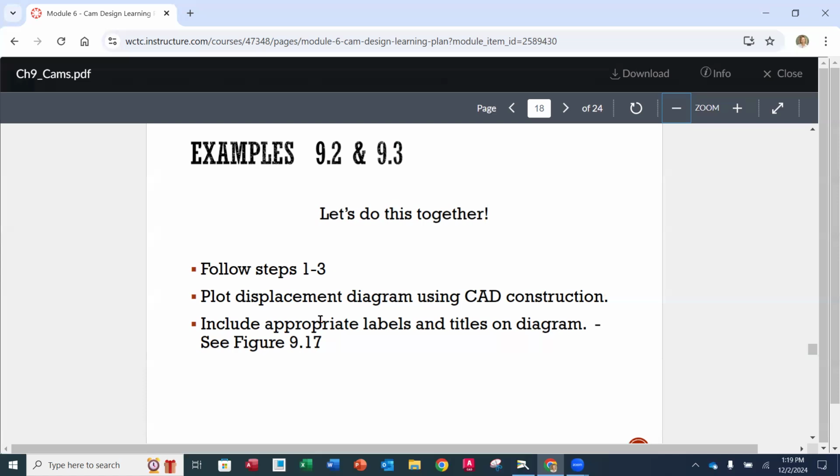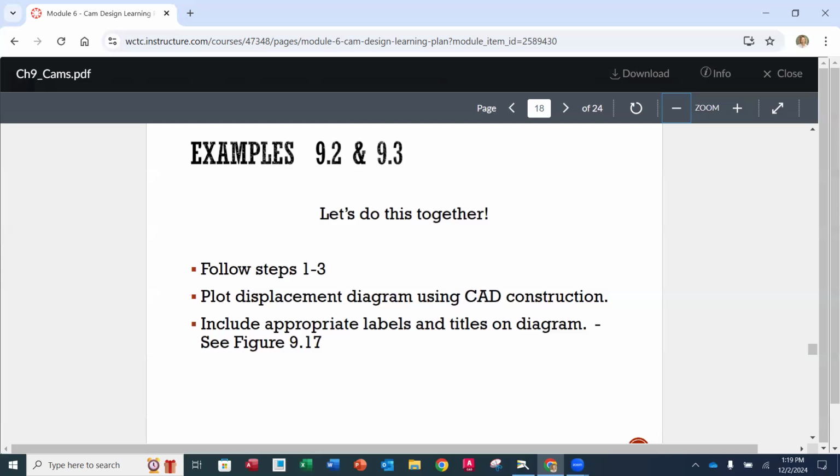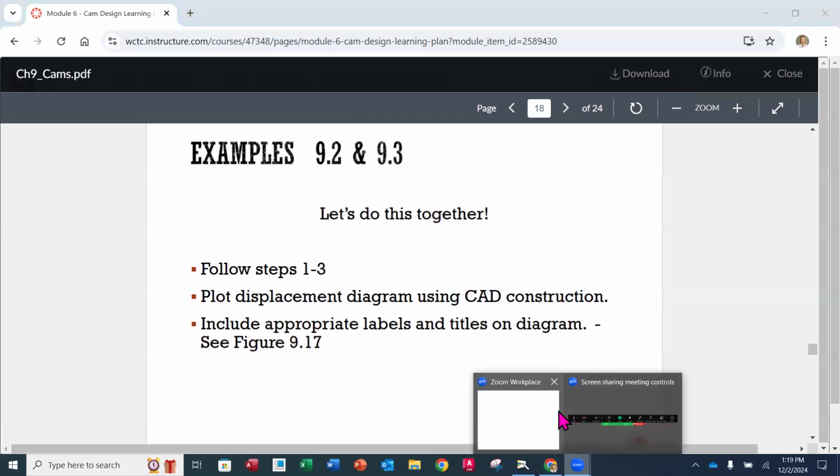And again, we're going to do steps 1 through 3, okay? And then we're gonna finish it with the construction in CAD. I'm not going to do the CAD demonstration, but it would be done to plot it in CAD.